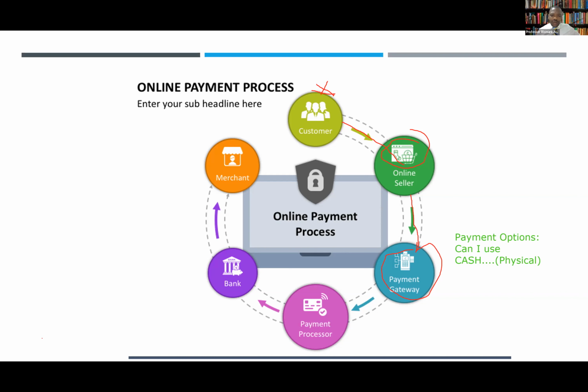So I would need an electronic form or method of payment. So in order for it to be electronic, right? If it's electronic, it has to be processed. That's where I really wanted to get to. It has to be processed for authentication of who you are.